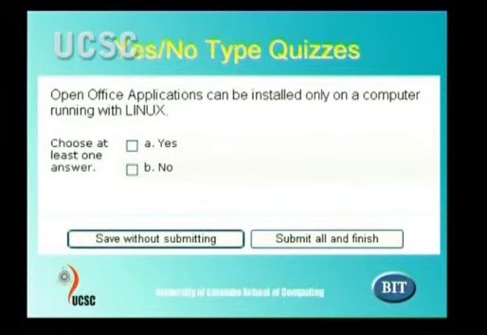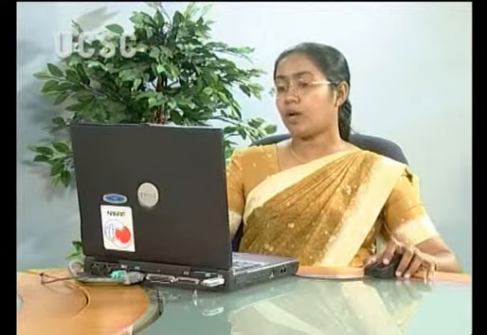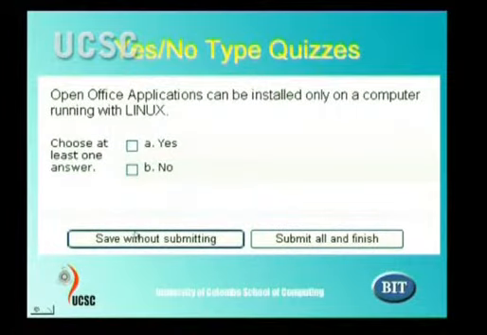If they find the answer, they can mark it on the checkbox here, and once they finish, they can save and submit all, or they can answer one by one and save without submitting. Then at the end of the quiz, they can submit.